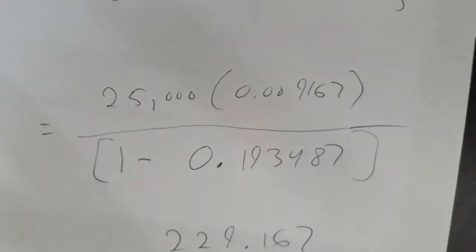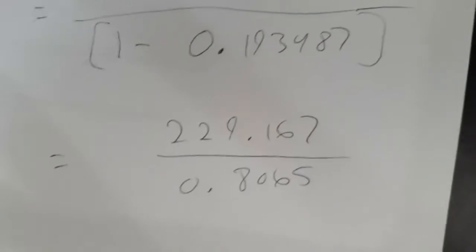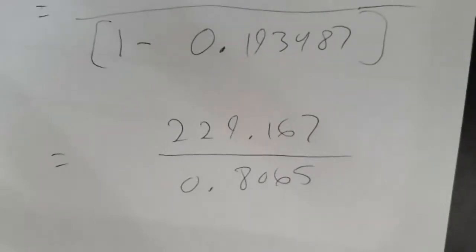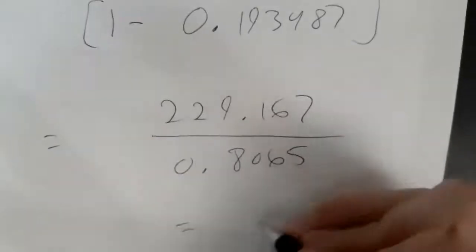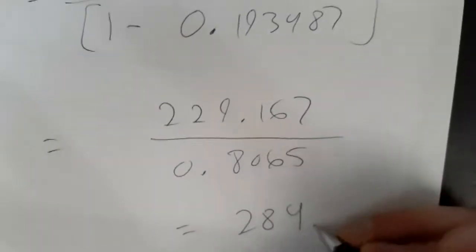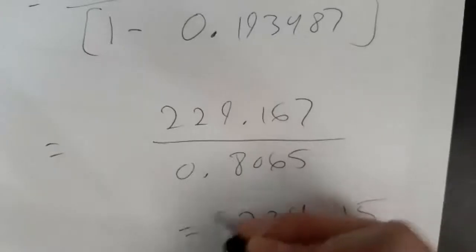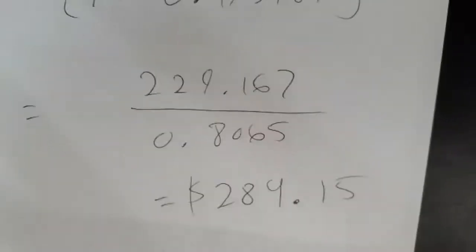And the final thing I'm doing is dividing these two numbers. And if I divide those two numbers, I've got to round to the nearest point. The amount I'm looking for.